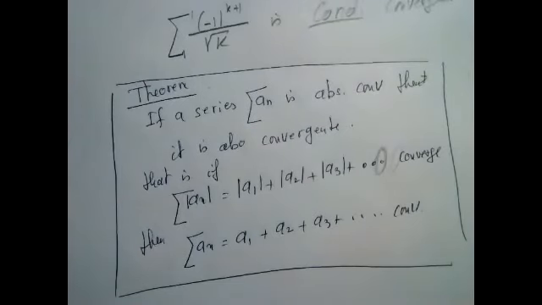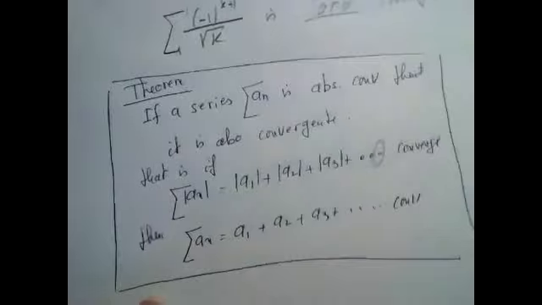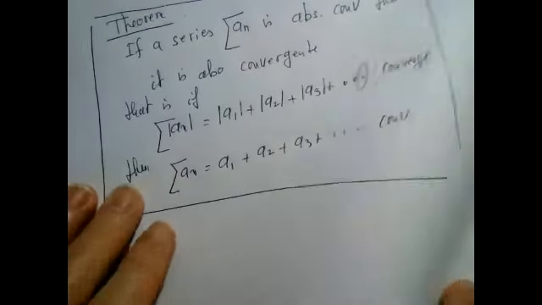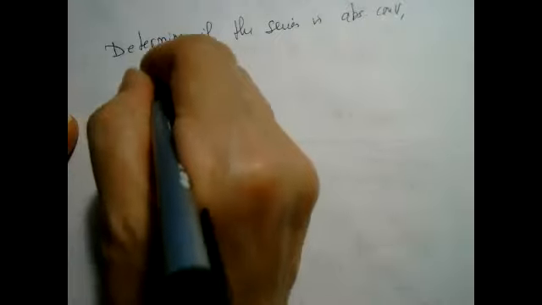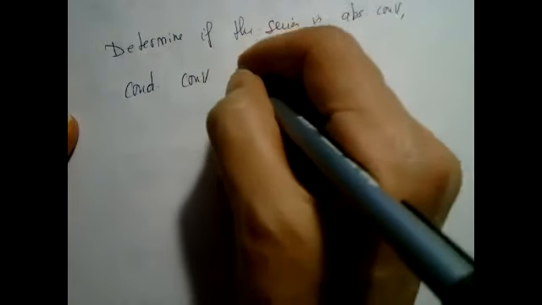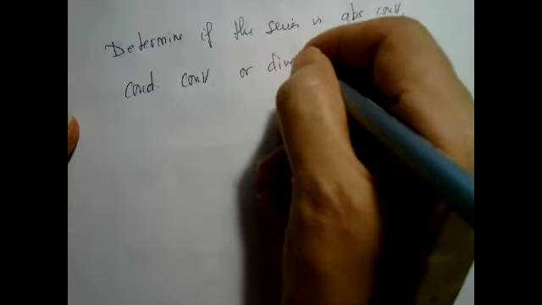Okay, so now what's the benefit of that? We're going to do the following example. Suppose I give you a generic series, and I ask you to determine if the series is absolutely convergent, conditionally convergent, or diverges.